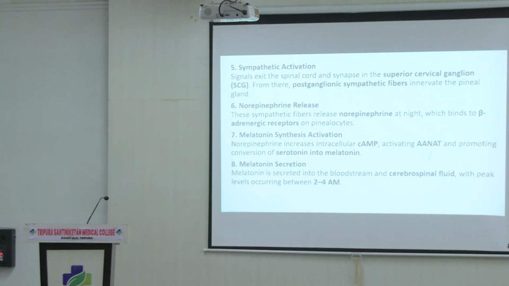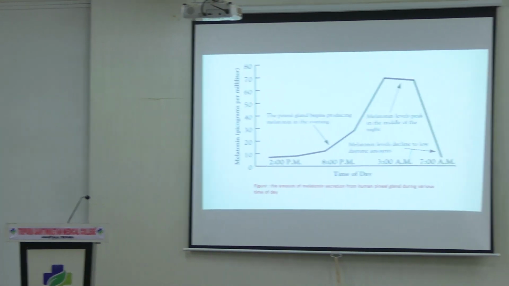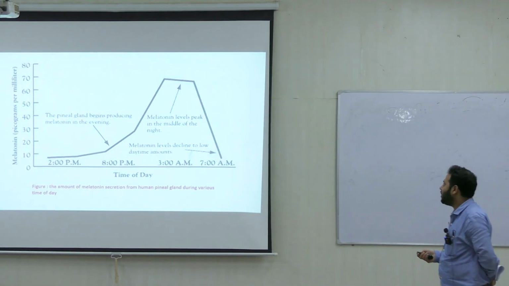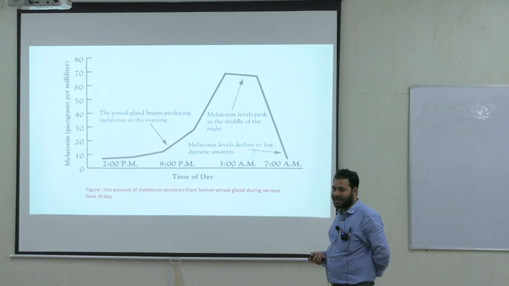So how is the secretion affected? You can see in the x-axis the different time points of a particular day, and in the y-axis the level of melatonin secretion.